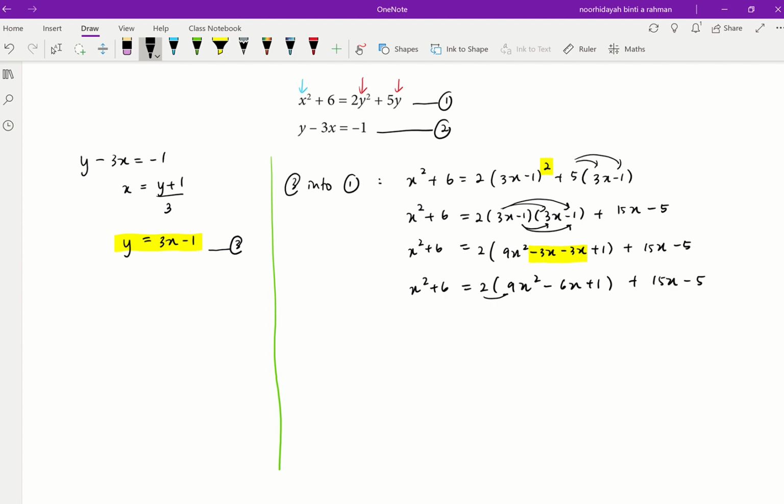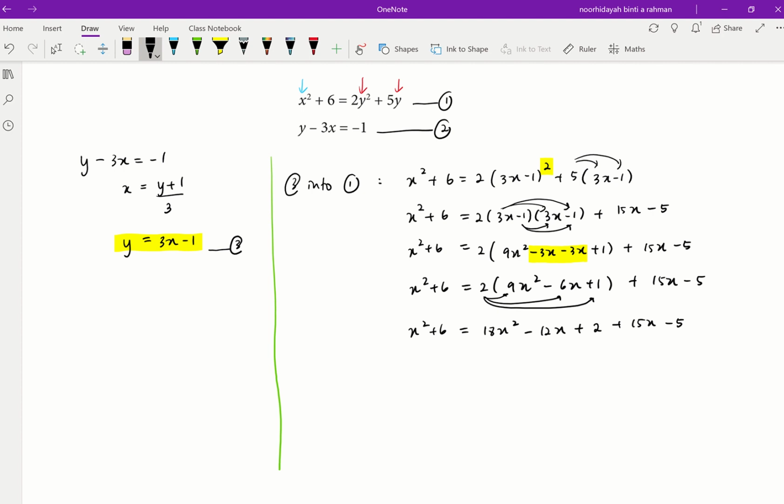And this 2 you have to multiply inside the bracket. It becomes x squared plus 6 equals 18x squared minus 12x plus 2 plus 15x minus 5. I'm going to make this equation equal to 0.